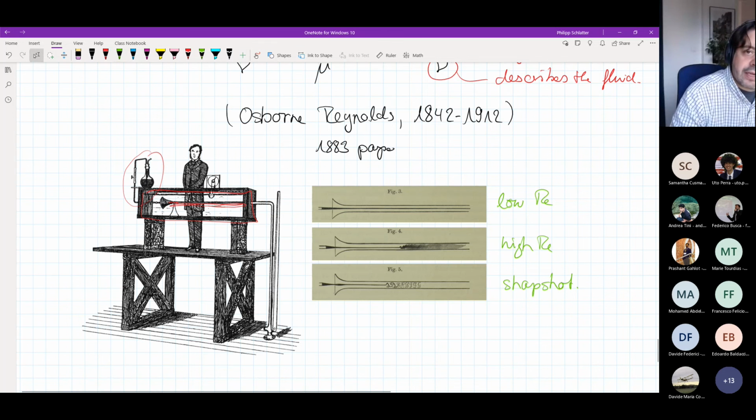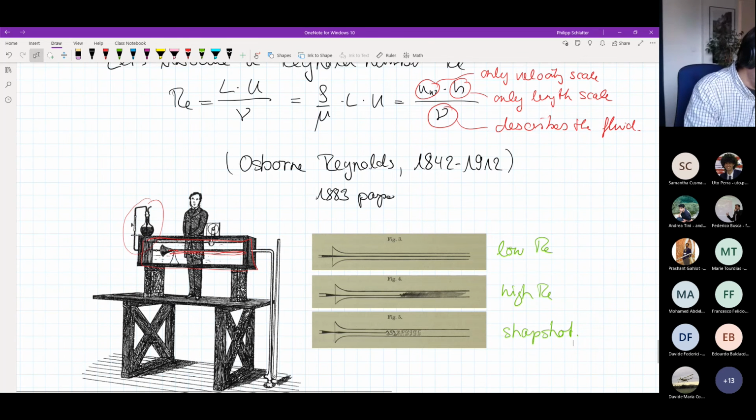The relevance here was that, as I was saying, he was changing the flow rate, which of course means in terms of Reynolds number, he was changing the velocities. He was increasing the velocity, meaning that the Reynolds number went up, because the length, the diameter of the pipe, was constant, and the viscosity was also constant. So he was changing the Reynolds number while doing his experiment.